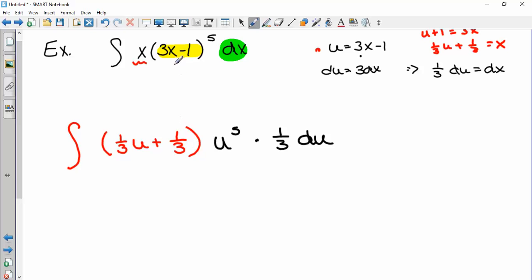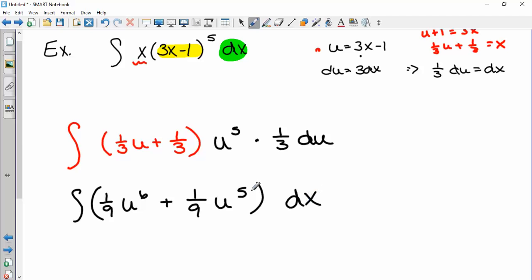How is this better than what we started with? I still have more than one u. We can distribute now, can't we? So if I did that, I need to distribute the 1/3 and the u to the 5th. So I get 1/9 u to the 6th plus 1/9 u to the 5th.